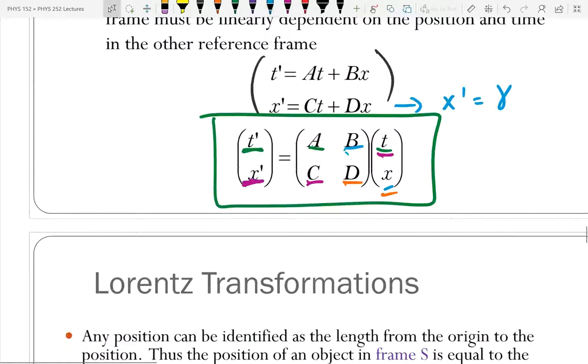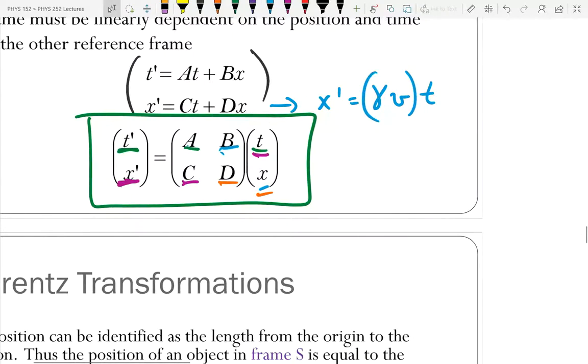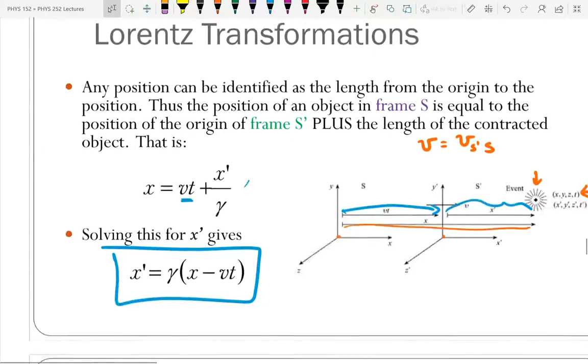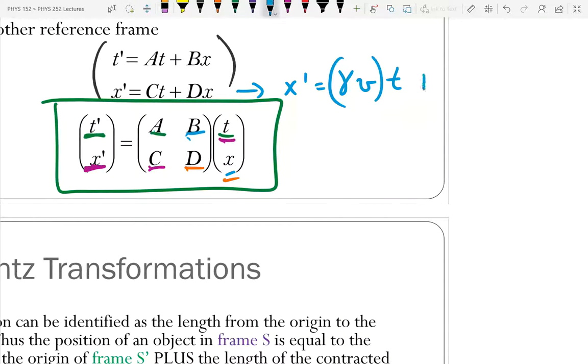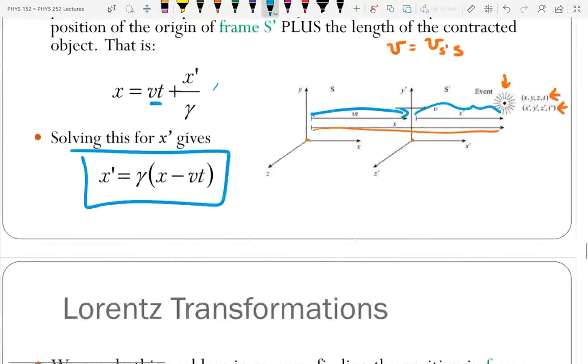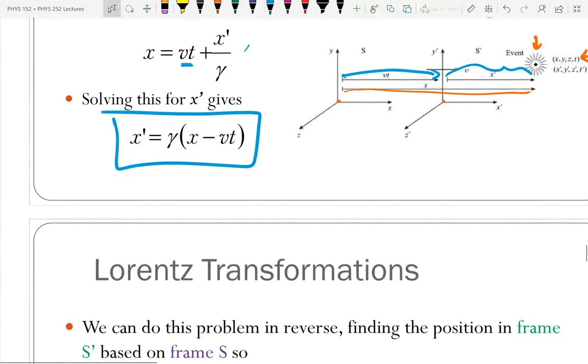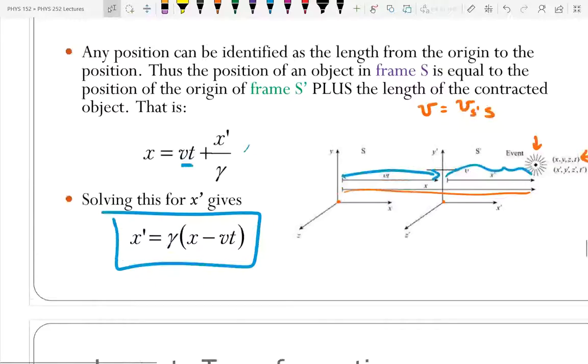X prime, or gamma v, plus minus v gamma. Well, yeah. And so I can read off of this, C must equal gamma v, and D must equal minus, wait, I did not copy something right. It was, oh, it's just gamma for the X one.